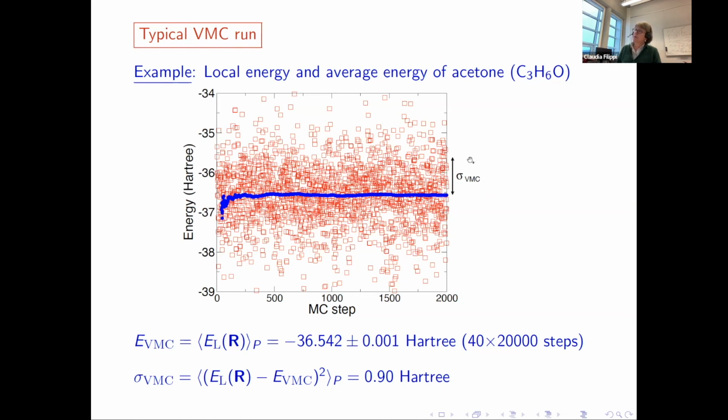It means your wave function is such that the fluctuations of the local energy are of this size. Most of the local energies you're sampling will be within a few standard deviations, depending on the quality of your wave function, of course. The better your wave function, the smaller sigma, the smaller this distribution will be.